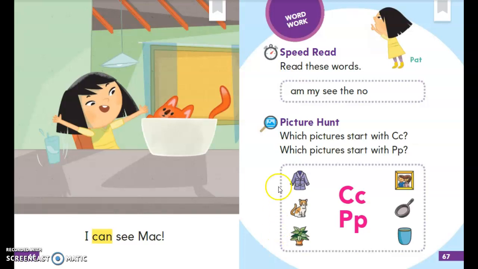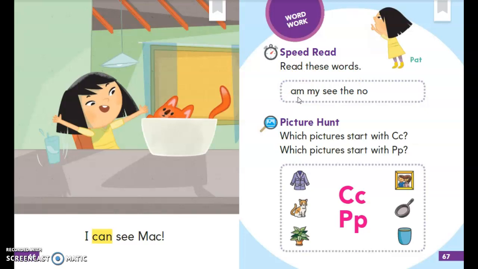All right, if we come up here, I have a challenge for you, and it's a speed reading challenge. I'm going to read these words with you, and then we're going to see how fast you can read them by pointing to them with your finger.